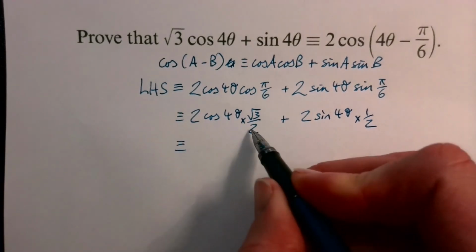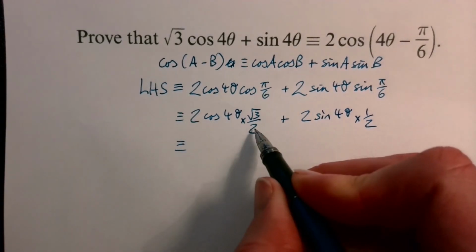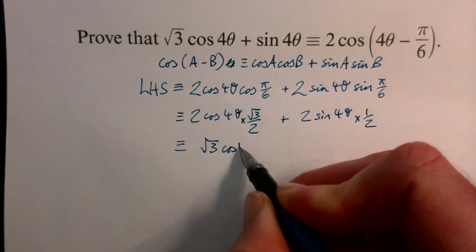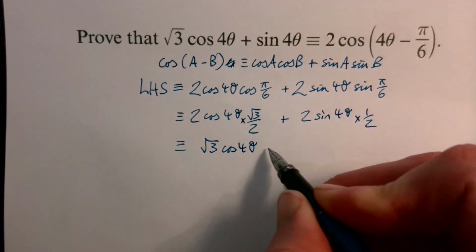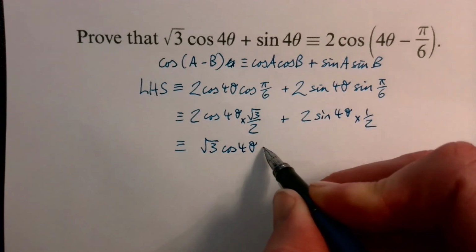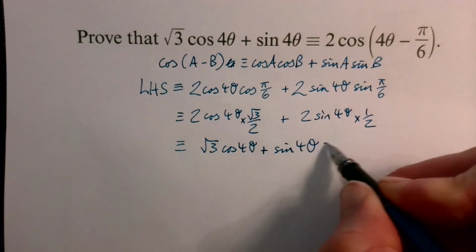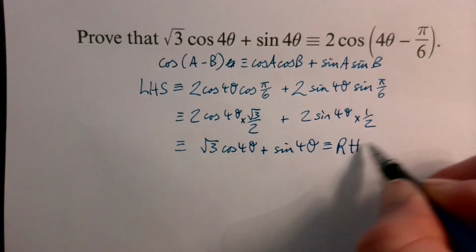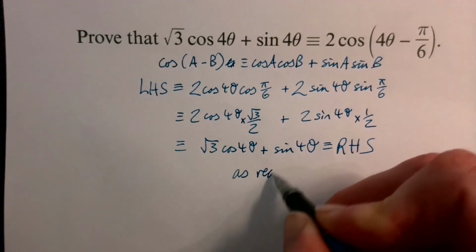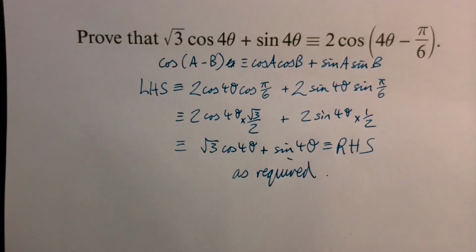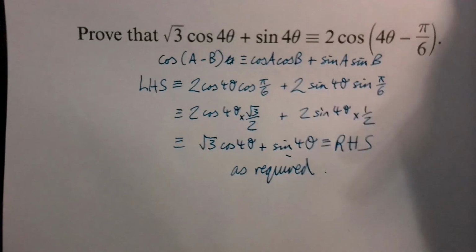And that, 2 divided by 2 is, yeah, so that gives us root 3 cos 4 theta. And a half times 2 is 1, so that just gives us 1 sine 4 theta. And very happily, that is the right hand side as required. Done.